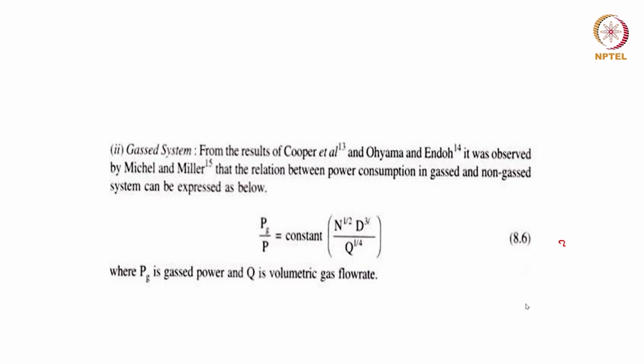So there is an empirical relationship between the power consumption in gassed and non-gas system, which is shown here by equation, let's call it as equation 1, in terms of the impeller speed, in terms of the diameter of the impeller and the volumetric gas flow rate. So the gassed power requirement to the ungassed power requirement is said to be proportional to these operating parameters.